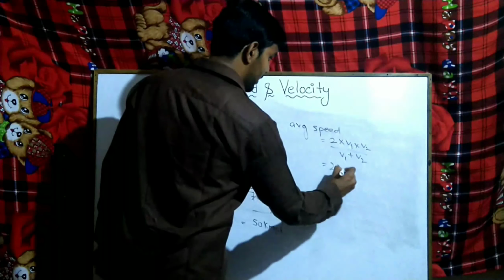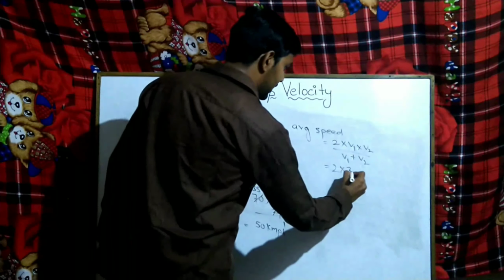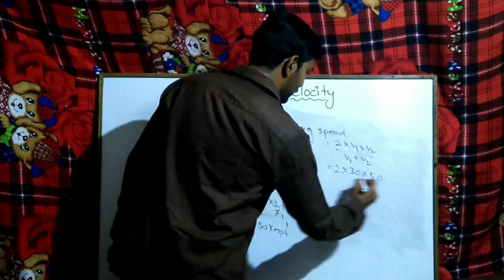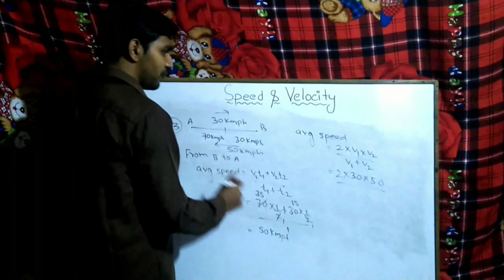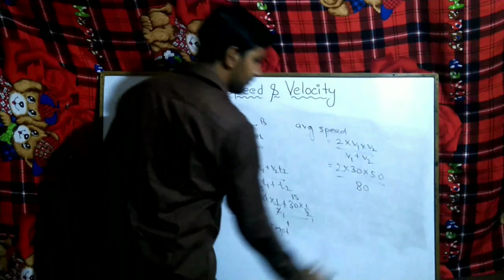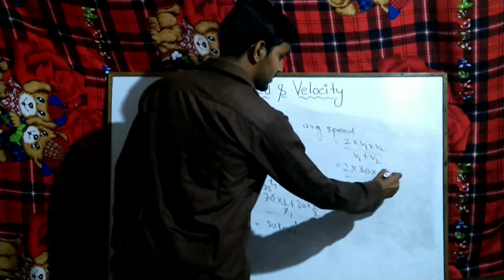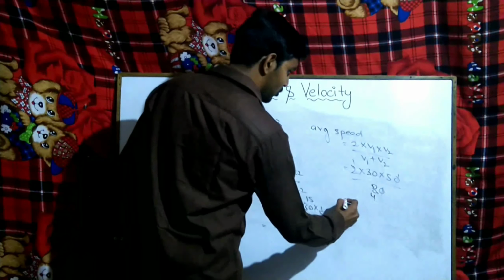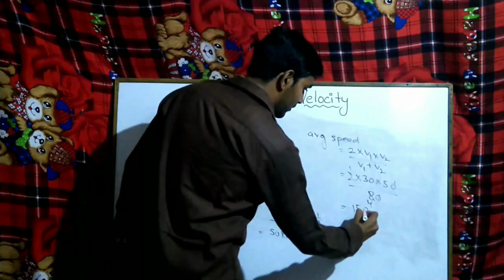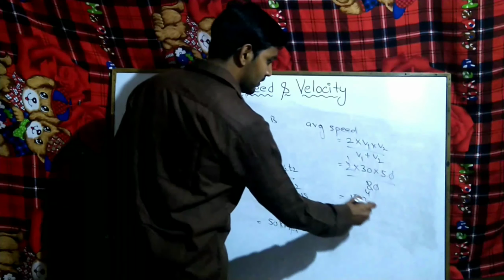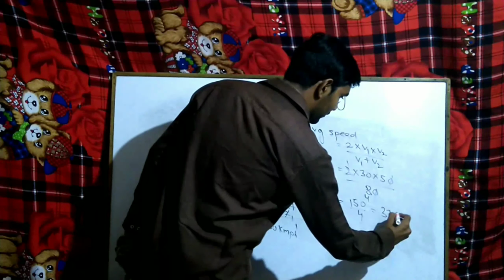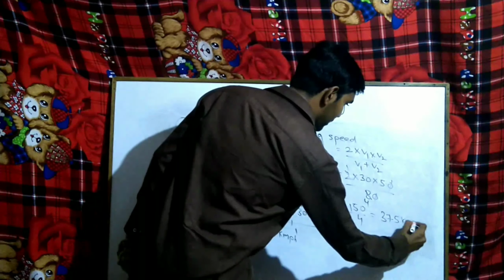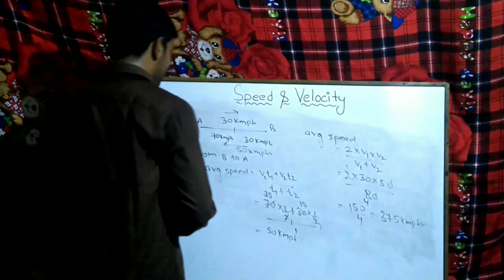So you get 2 into 30 into 50 by, now 30 plus 50 you get 80. Okay, so this will cancel 1 time, 4 time. So now 150 by 4 you get 37.5 km per hour. Okay, I hope you are clear.